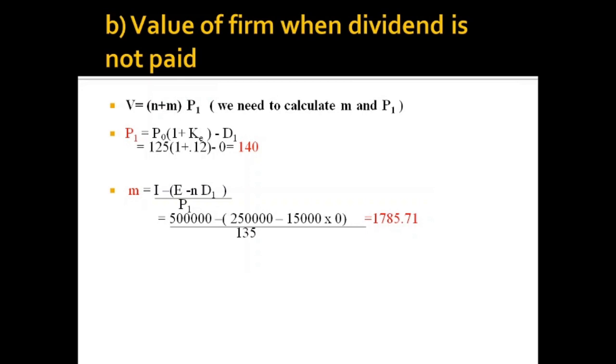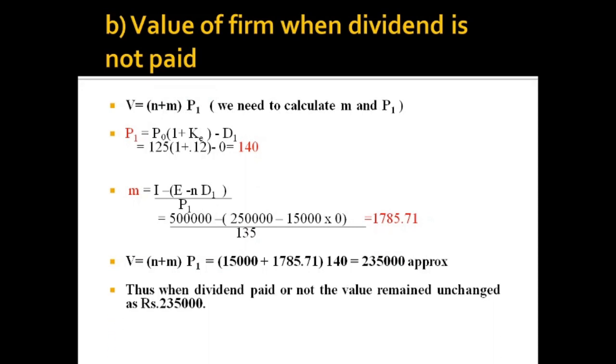So the M value also changes, that is 1,785.71. Applying that into the formula, V is equal to (15,000 plus 1,785.71) into 140, which is 2,35,000 approximately. So when the firm pays a dividend, D equal to 5, and when the firm is not paying a dividend, D equal to 0, the value of the firm remains unchanged, that is 2,35,000 itself.